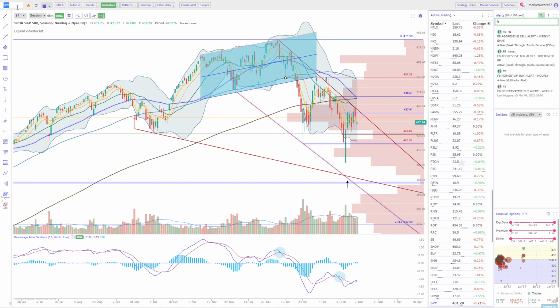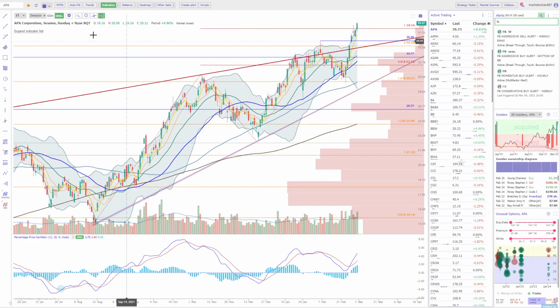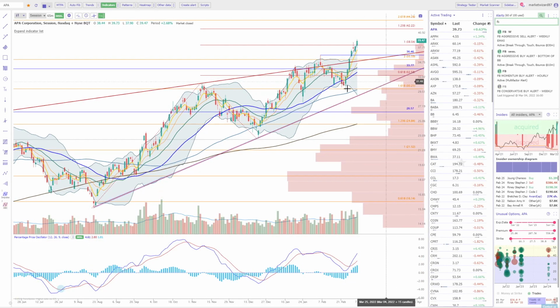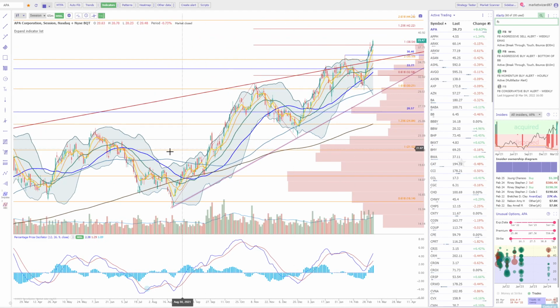And so you've got a similar setup here in oil, in APA. These names that I've been playing, gold is another one. They've kind of been in this range, and they just tried to break out of it. Couldn't do it, right?